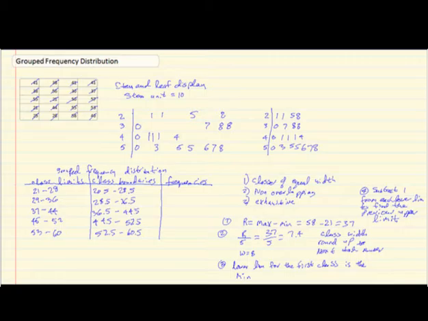To find the frequencies, I'll go into the stem and leaf display and look at this first class, 21 to 28.